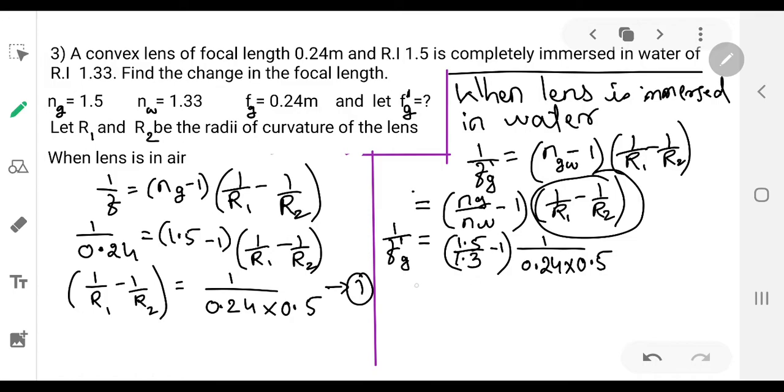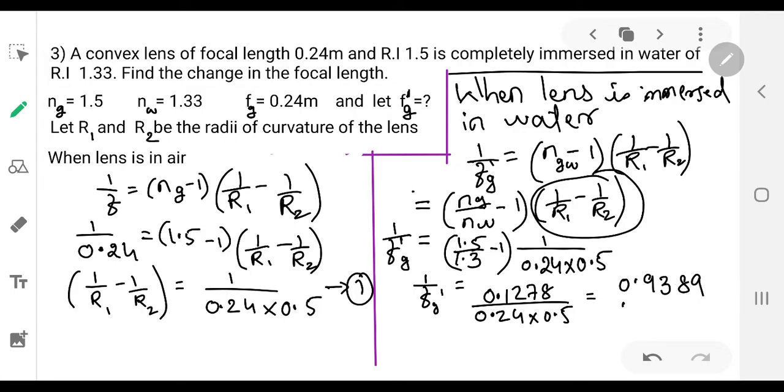When you substitute, you are going to get 1/f'g = 0.1278 divided by (0.24 × 0.5) = 0.9389, approximately 0.94.